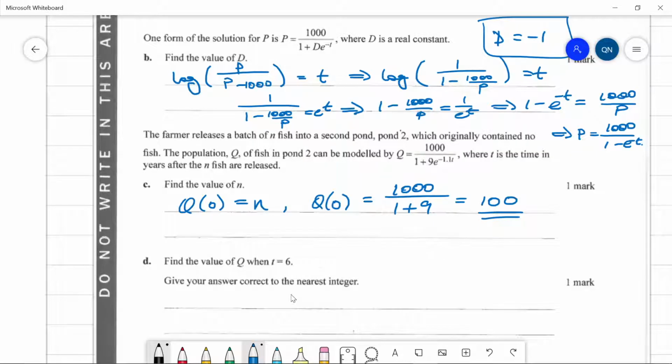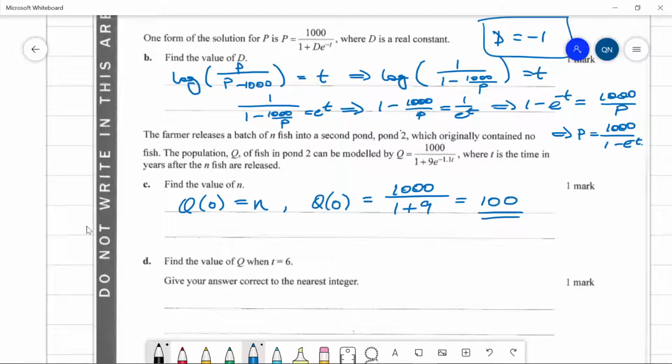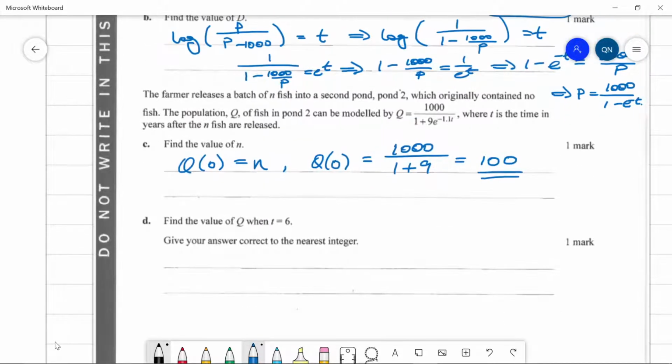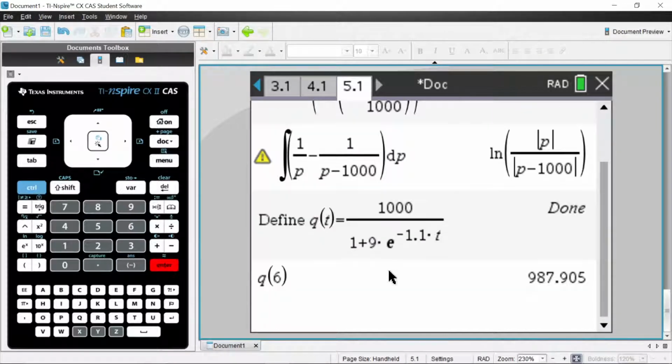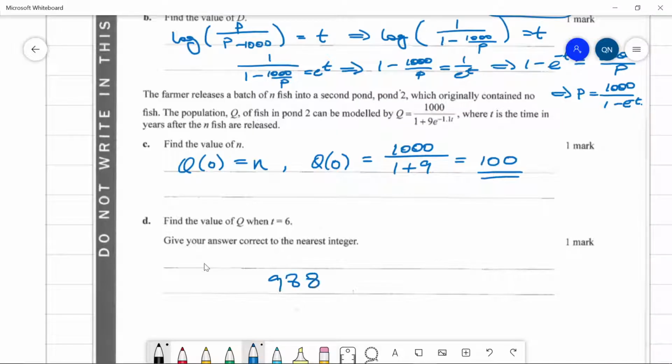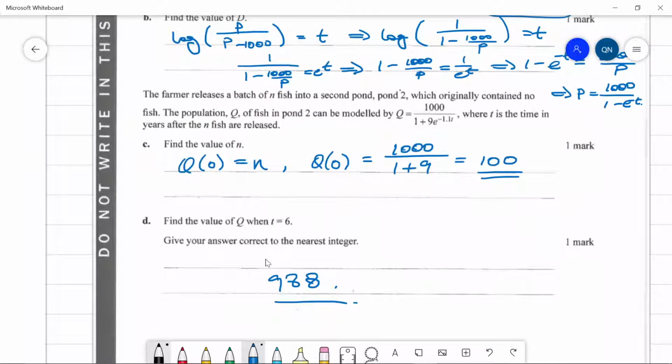There's going to be a lot of 50s this year. So many 50s, because there's a lot of people that are going to get full marks on this, I think. Okay, so we just got to evaluate Q of 6. 988. Should be it. t equals 6. Yeah.